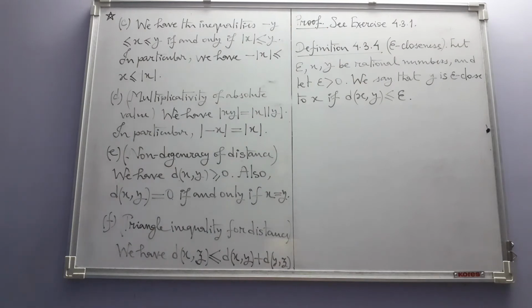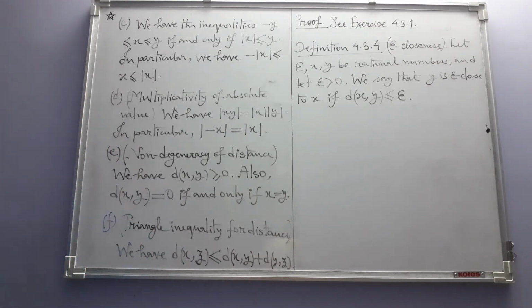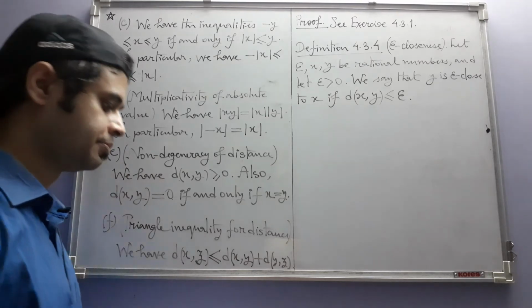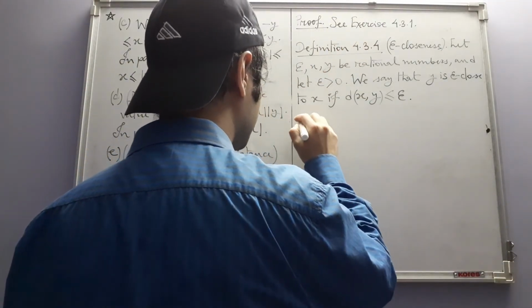If this happens, then we say that y is epsilon close to x. That means y is within a distance of epsilon from x. The actual distance may be less than epsilon, or it may be equal to epsilon. Now a remark about this definition.